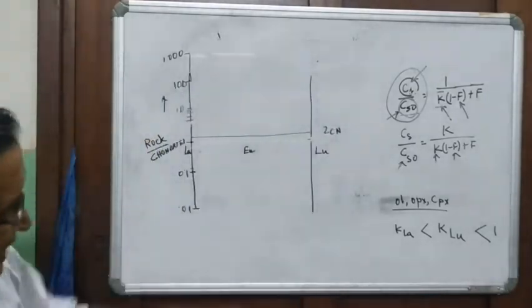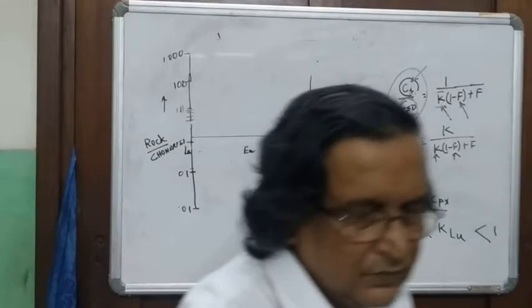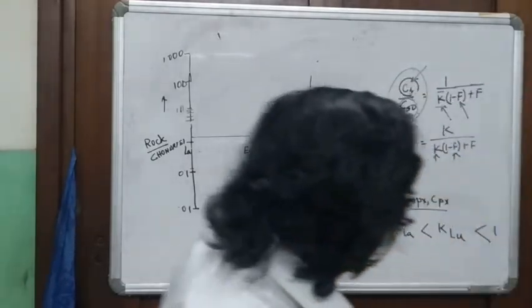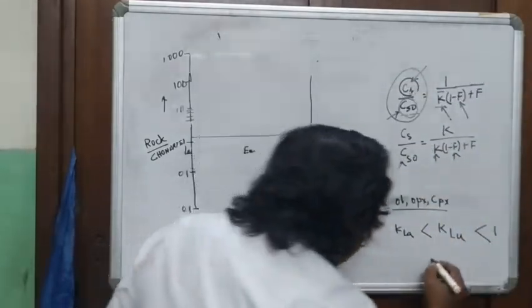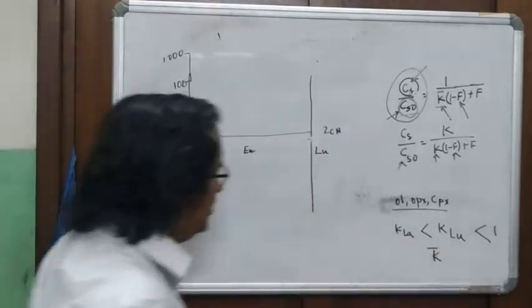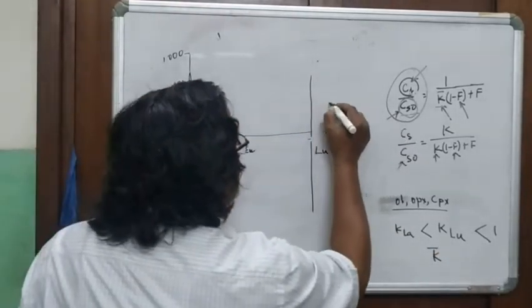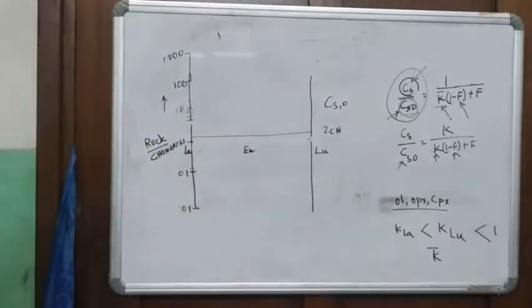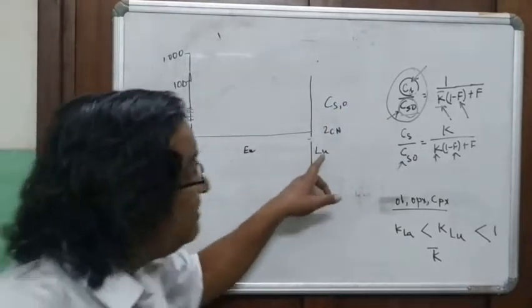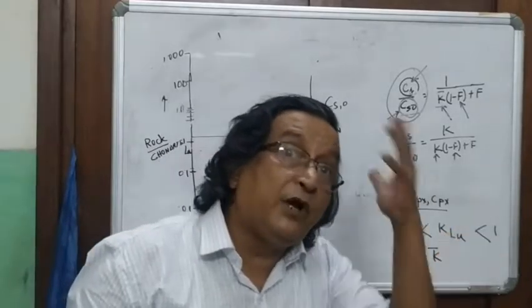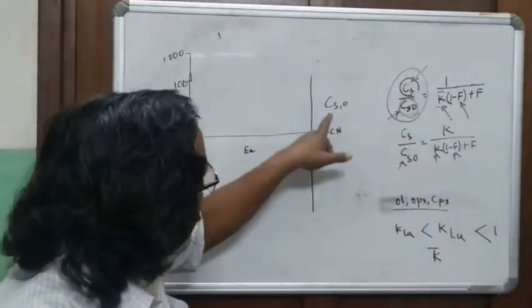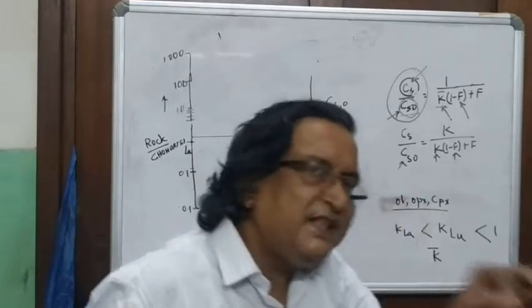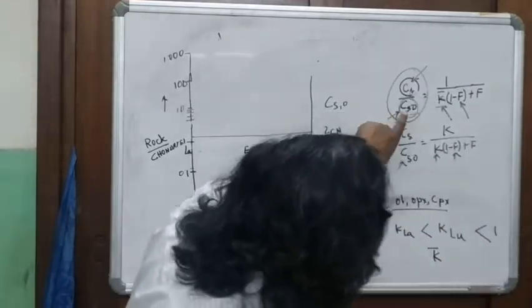So now, if I melt this rock, I'm giving you an idea of the bulk partition coefficient. And this value is CS0, because I have taken the value of the unmelted primordial mantle, say, twice chondrite. That means I have assigned a value to this.